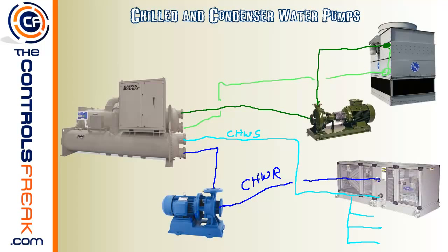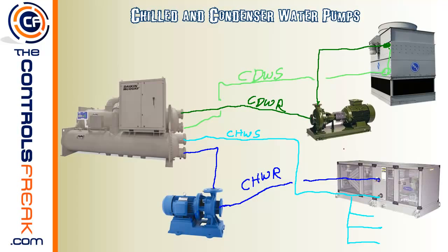Now we've actually completed the condenser water, so I'm going to label these as well. We're going to have condenser water return, and then we're going to have condenser water supply. I'm writing too fast here.